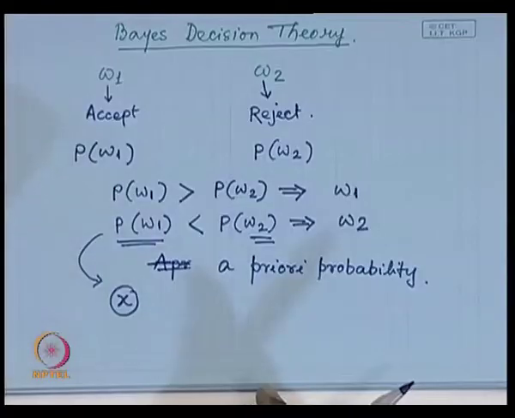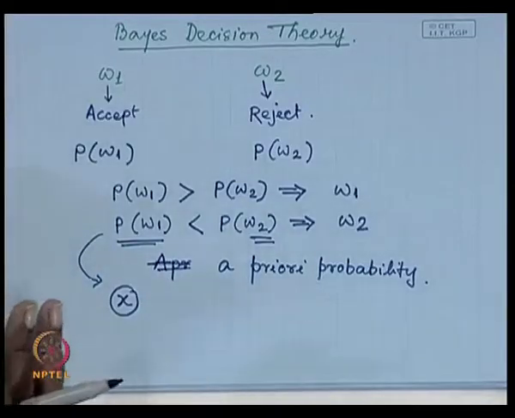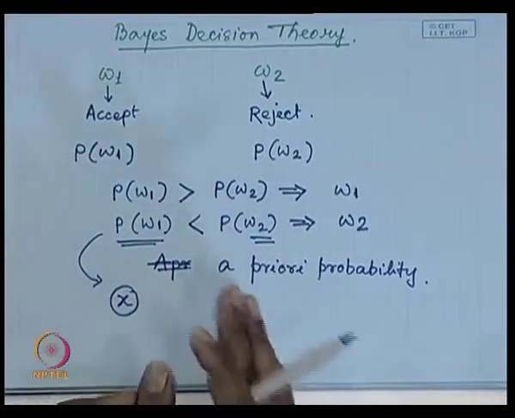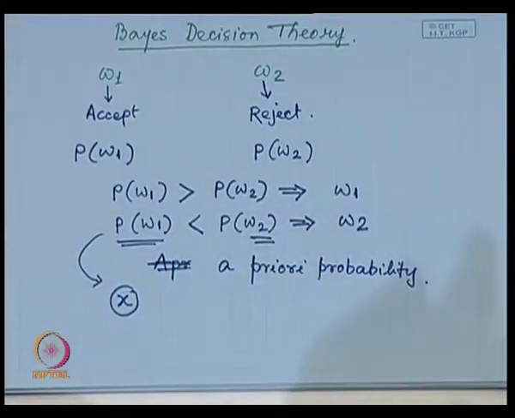I measure this feature x for those objects which belong to class omega 1, and I also measure the same x for the objects which belong to class omega 2. That means I can find out a probabilistic measure, or probability density function, of variable x for the objects which belong to class omega 1. I can also find out the probability density function of the same observation x for the objects which belong to class omega 2.